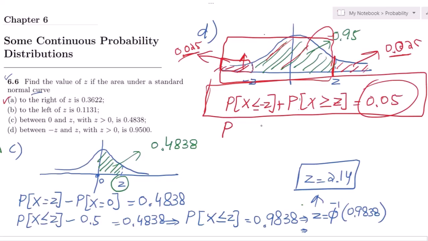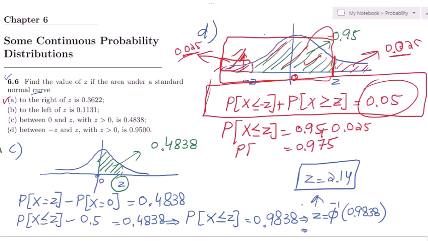So the probability that x is less than or equal to z would be this one, 0.95, plus the tail area, 0.025. We have written them like this because this is a symmetrical curve on both sides of 0, so it would be 0.975, and it is for the probability that x is less than or equal to z.